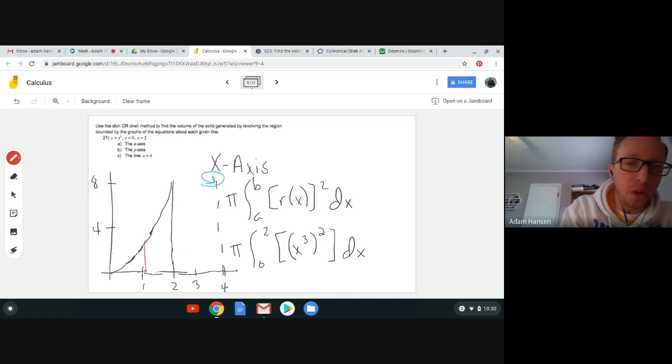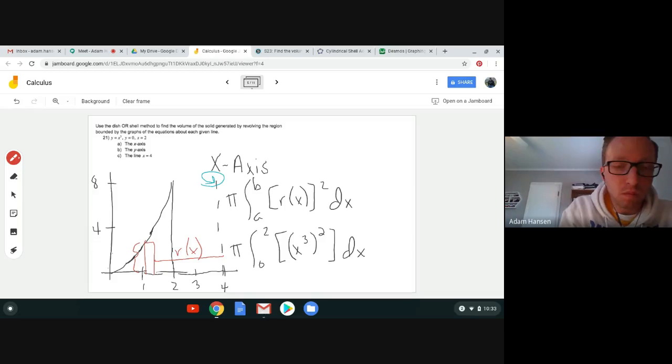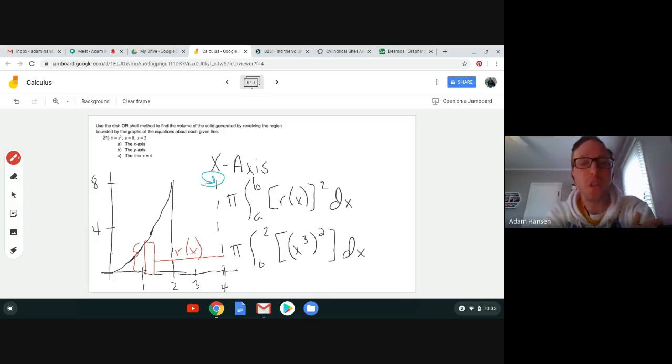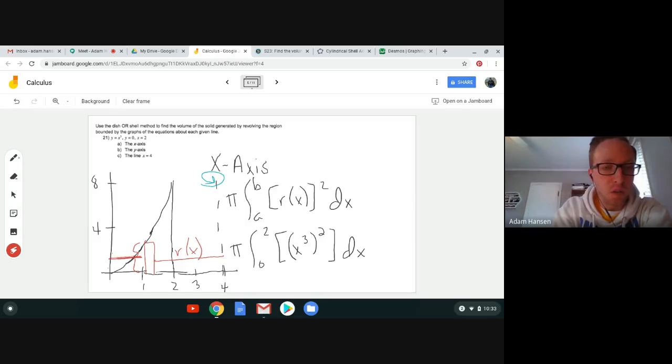So since we're using shell and we're rotating around the line x equals 4 to the right, the radius is now this distance. What would that be as an equation? It's no longer just x. This was x over here.